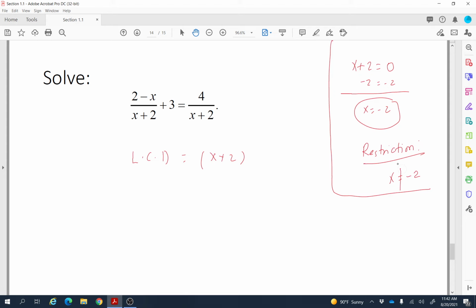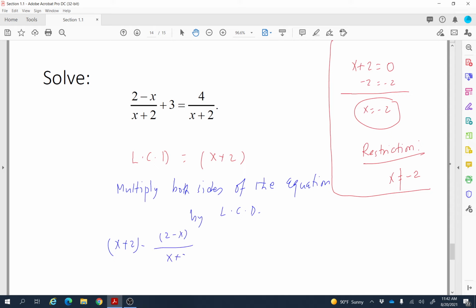So that means multiplying both sides of the equation by the LCD. You have to multiply the first term by x plus 2, and the second term by x plus 2, so that would be 3 times x plus 2, and on the right side it is multiplied by x plus 2.